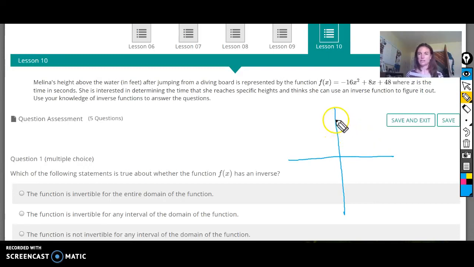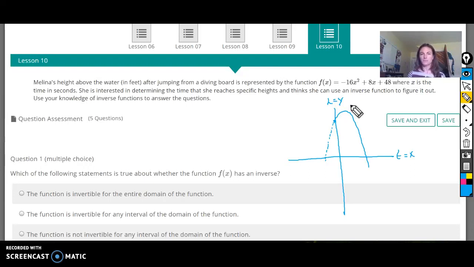She's going to start up here at 48 feet, and she's going to jump up, maybe hit 50 feet, 49 feet, and then somewhere around 2 seconds, she's going to hit the water, right? And then this is negative time over here. So this is time, and this is height, or we could say that's x, and that's y, okay?